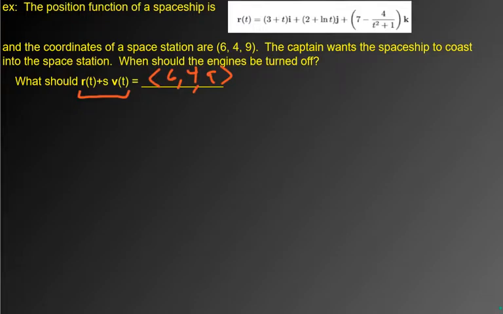So I think a picture here is helpful. The idea is you've got your spaceship that's moving around like R of t, and there's a space station here at the point 6, 4, 9, that's my yellow dot.